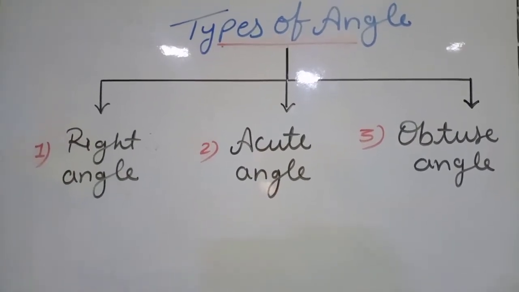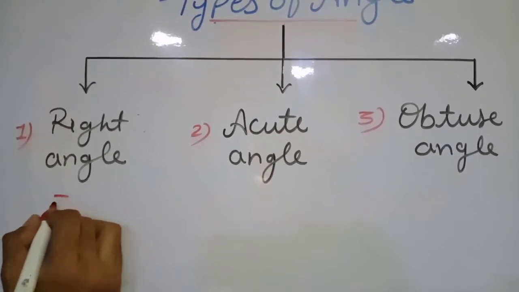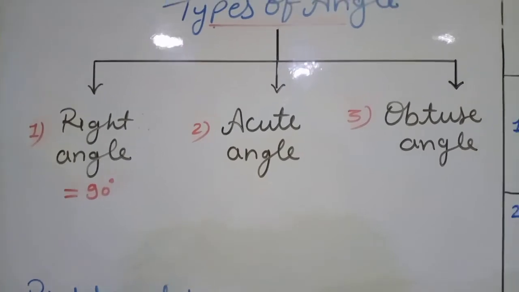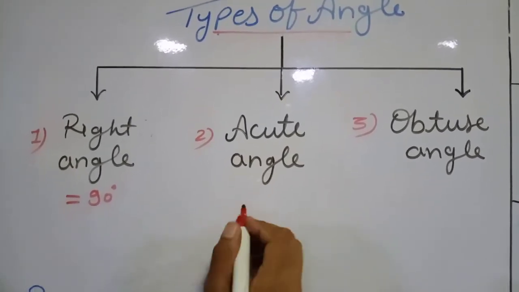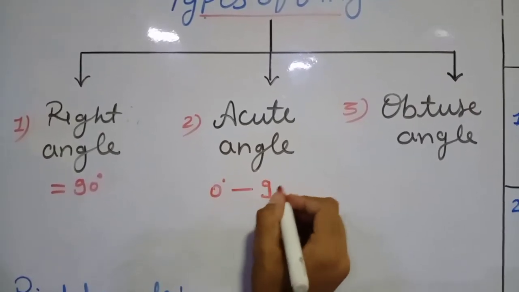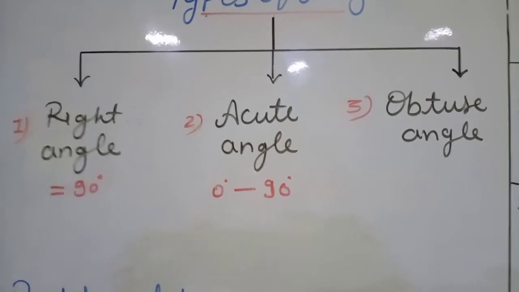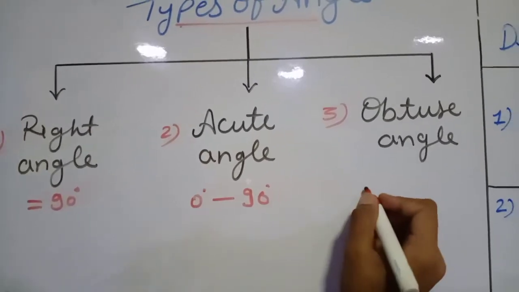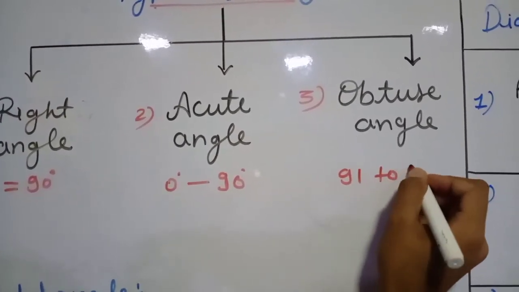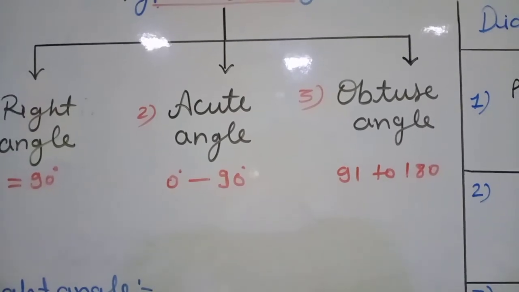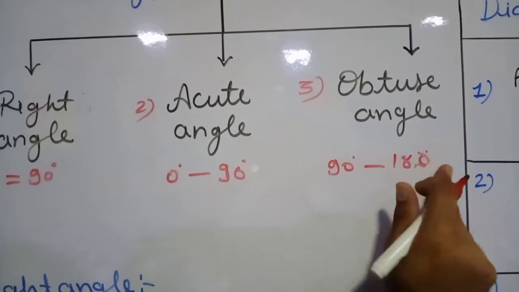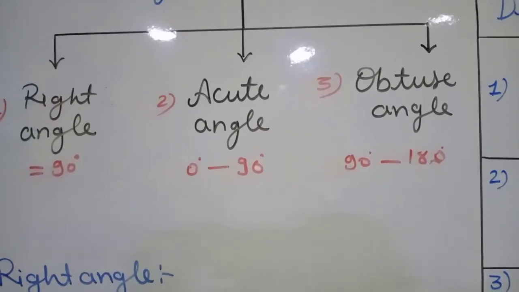A right angle is equal to 90 degrees. An acute angle is between 0 and 90 degrees. An obtuse angle is between 90 and 180 degrees.